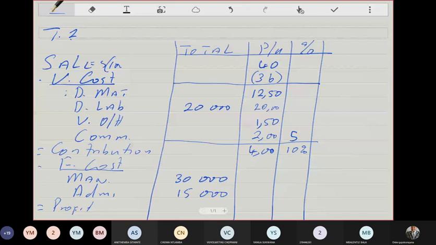Then you minus that from the 40,000. From the 40,000, you could say that, okay, it means that we've got 4,000. That's what we're looking for. That's our contribution in total.